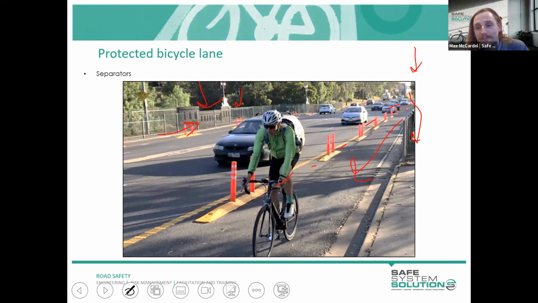You've got parents with children now and things like that riding in this environment. So a really good example of, if you're willing to be a little bit bold and challenge the norm and all those types of things, and you've identified routes that this is where we need to prioritize cycling, then really invest in the infrastructure that prioritizes cycling.